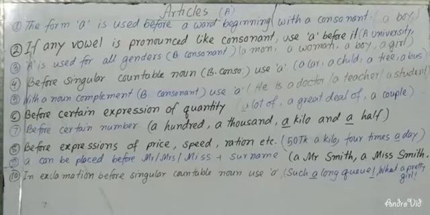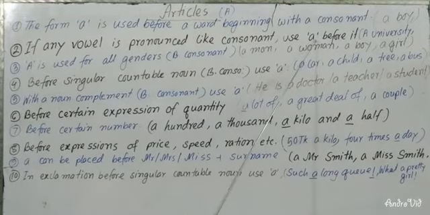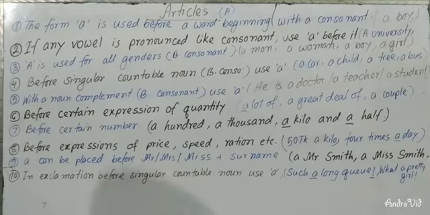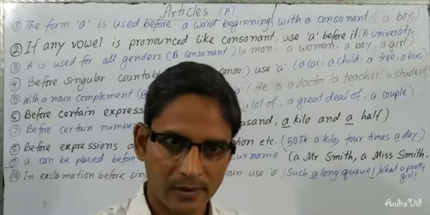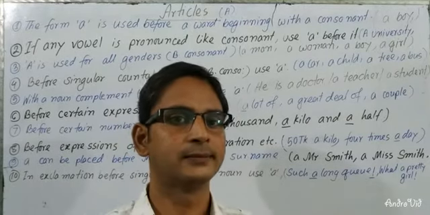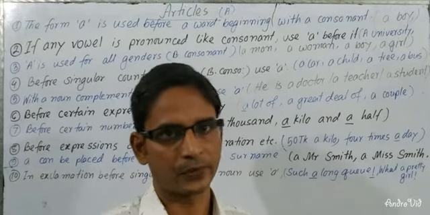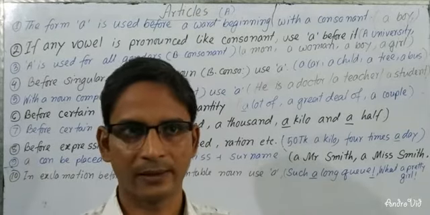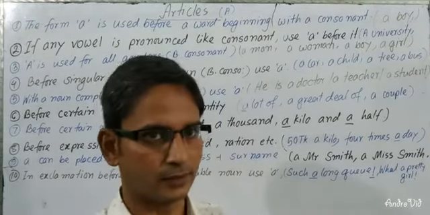Number 2, if any word's vowel is pronounced like a consonant, use a before it. We also have some vowels that are pronounced like consonants, and some consonants that are pronounced like vowels.